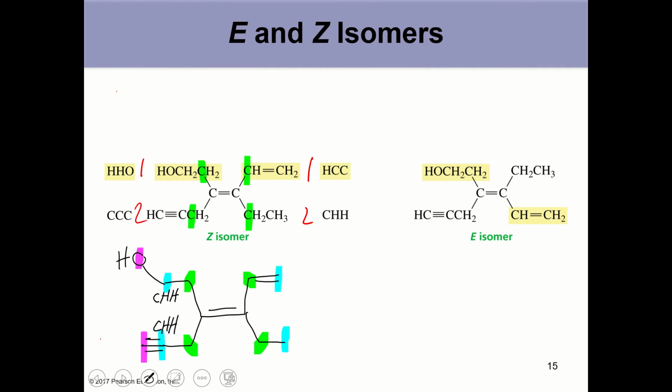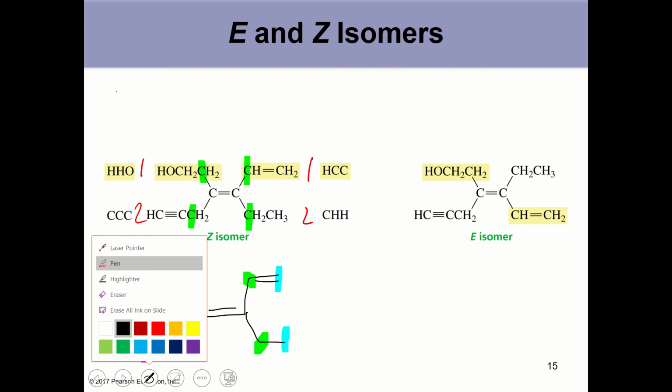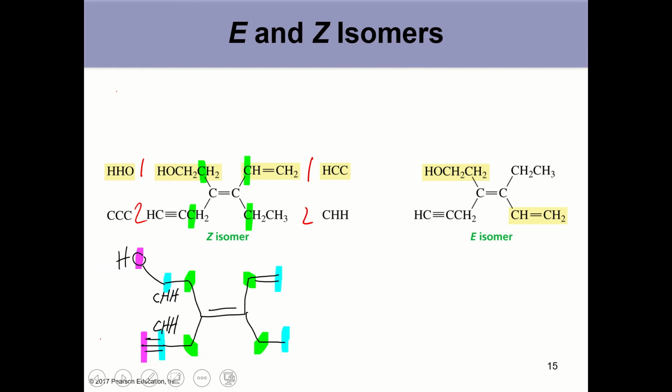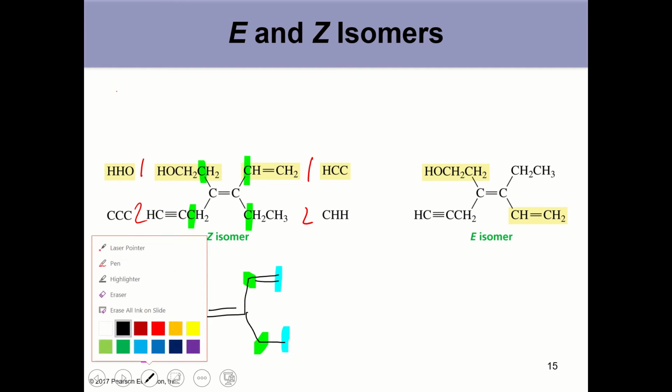And so the highest atomic number is carbon, but carbon is identical to carbon, so there's no difference. So then we go one more atom out, and this is where we get interesting.